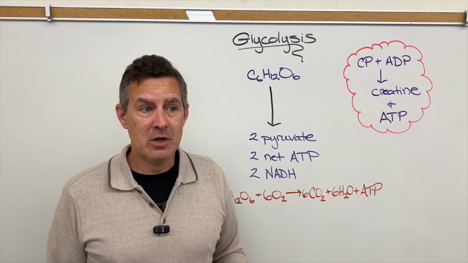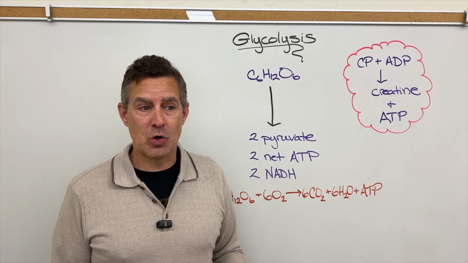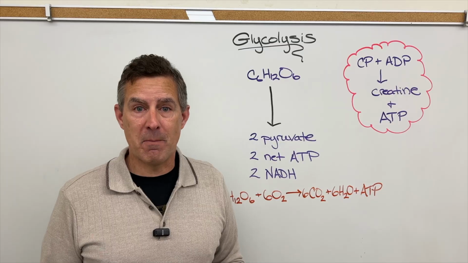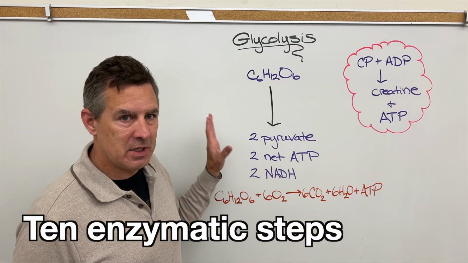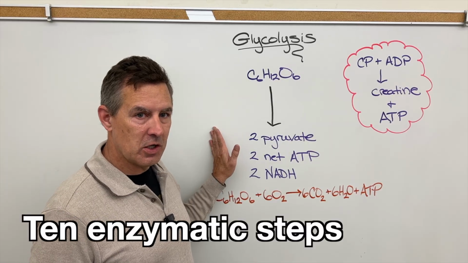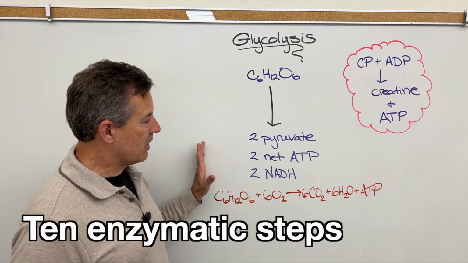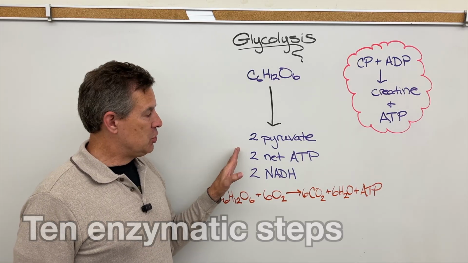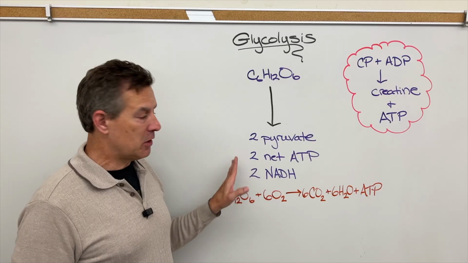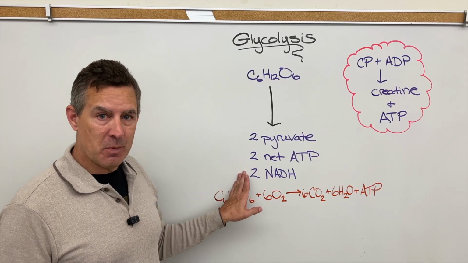And that's really the role of ATP, is to store that energy in smaller components in usable forms. There's many steps in glycolysis, but the end products of glycolysis are 2 pyruvate molecules, 2 net ATP molecules, and 2 NADH molecules.